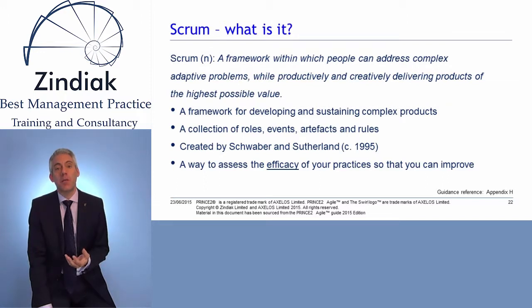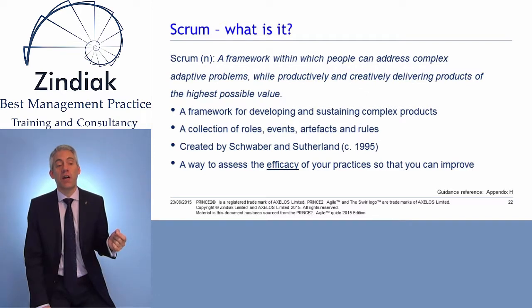If a problem's simple, you don't need a framework to solve it. Adaptive problems indicates that they're changing. The problems are changing to the environment, to the business context. And Scrum is very much focused on delivering products in a changing environment.